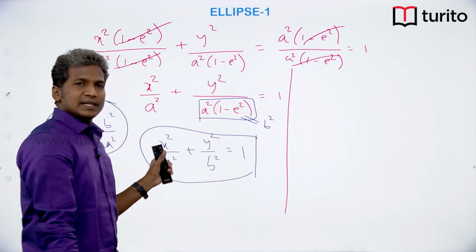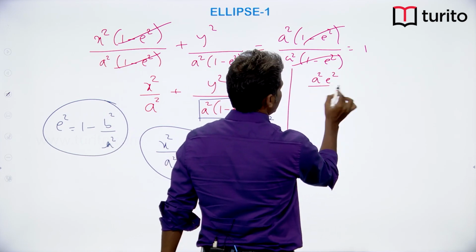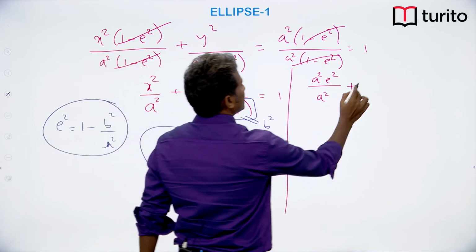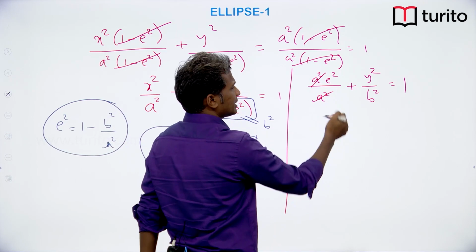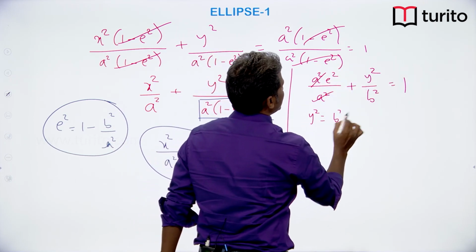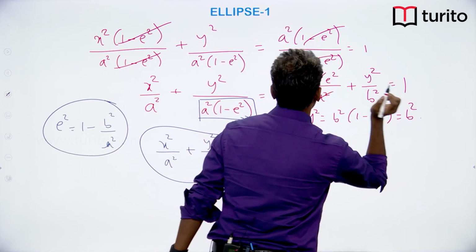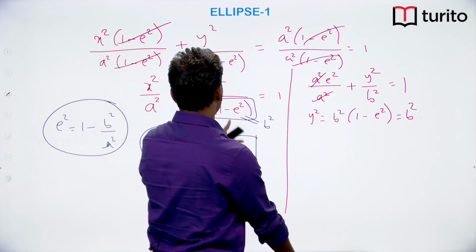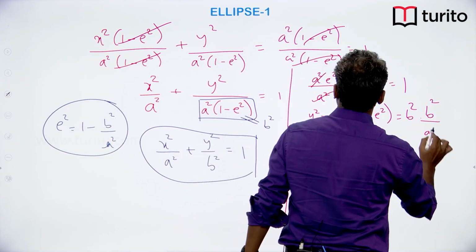So, if I put minus ae in place of x, what do I get? a square e square by a square plus y square by b square equal to 1. Here a square gets cancelled, and I can take e square to that side. So, y square equals b square into 1 minus e square, which can be further written as b square into b square by a square, since 1 minus e square is b square by a square.